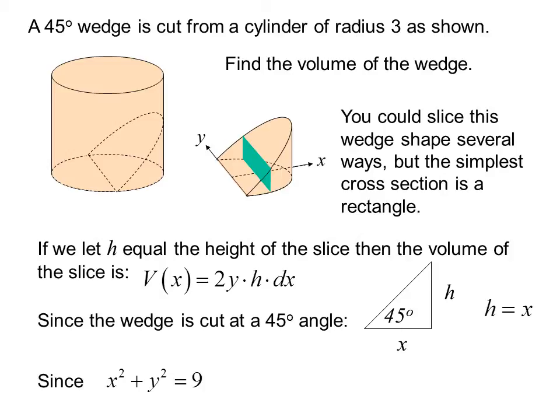And since the base is a circle, we can use the equation of a circle to relate x and y. So y equals the square root of 9 minus x squared.